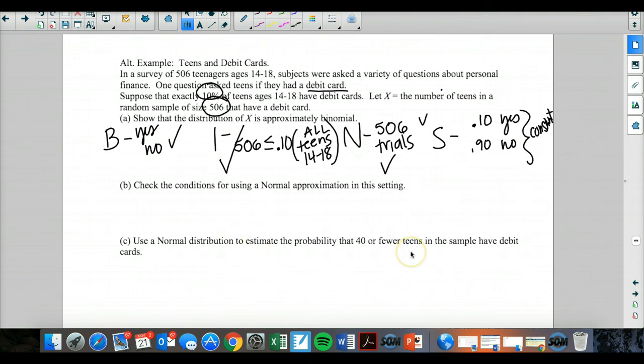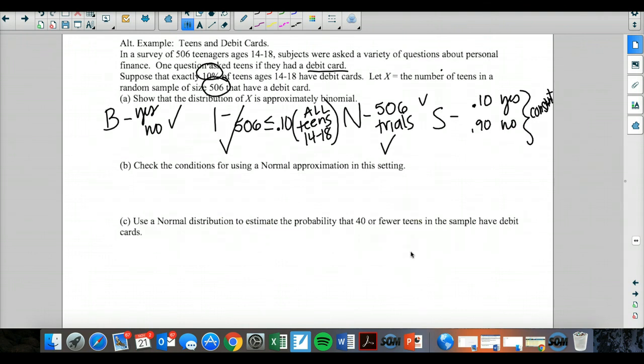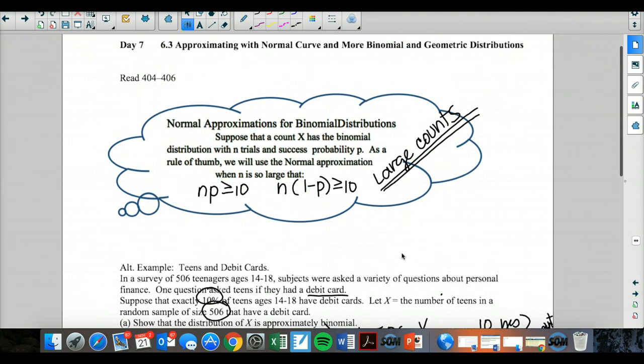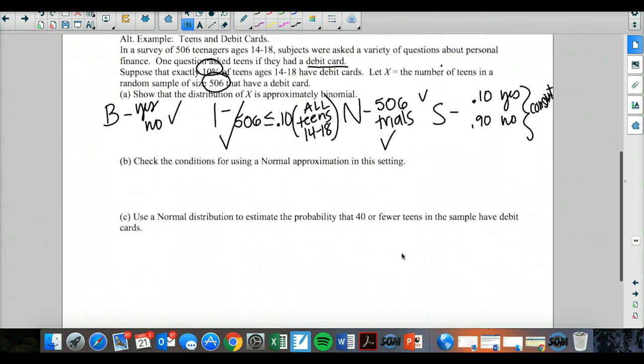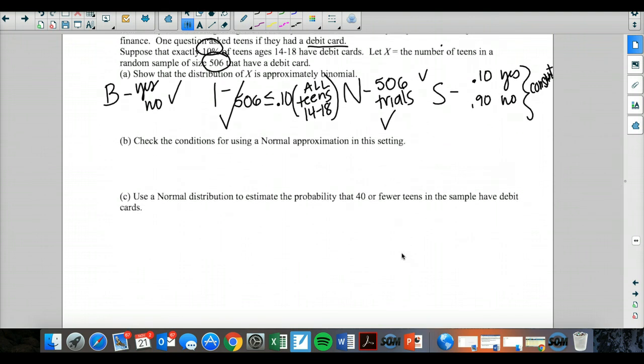So check the conditions for using a normal approximation. Well, I can approximate this binomial distribution using normal if it satisfies large counts. So remember up here at the top, this is the formula for large counts. N times p is greater than or equal to 10. N times 1 minus p is greater than or equal to 10. So n is 506. P is 0.10. So that is 50.6, which is greater than or equal to 10. So check. That part of it is satisfied.